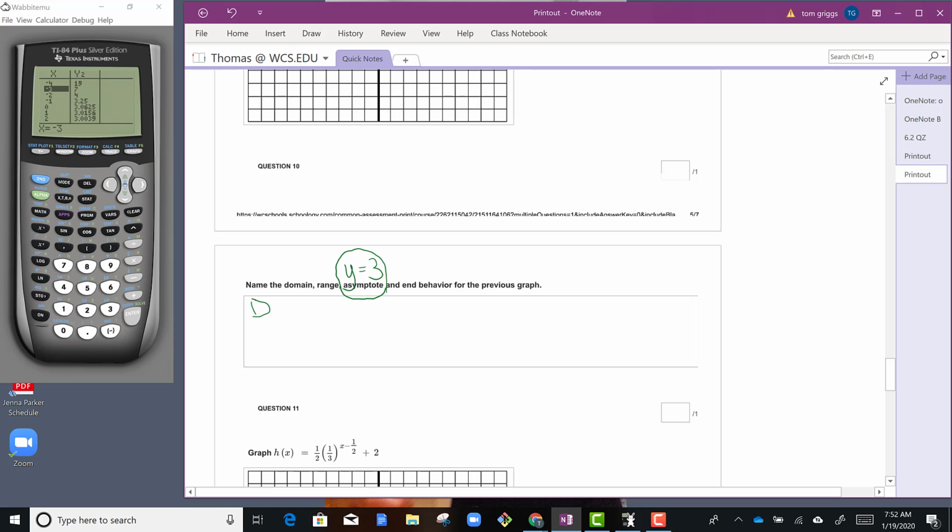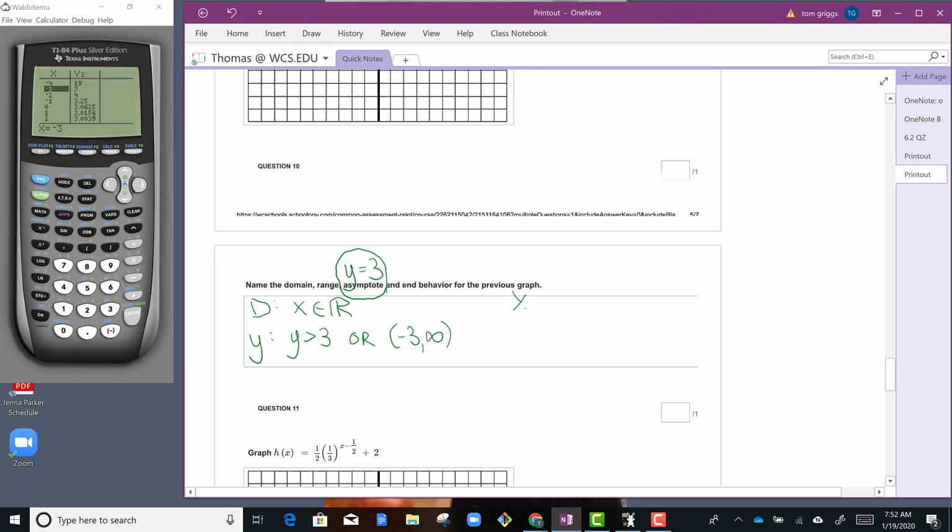The domain, just like all of these, is all real numbers. The range, so this graph goes up infinitely, but it does not go down infinitely. So the range is everything greater than 3, or you can say from 3 to infinity.